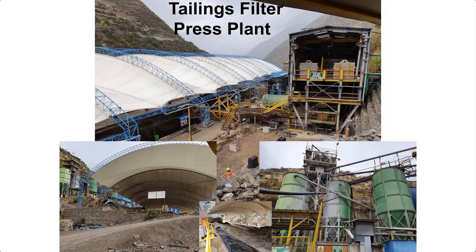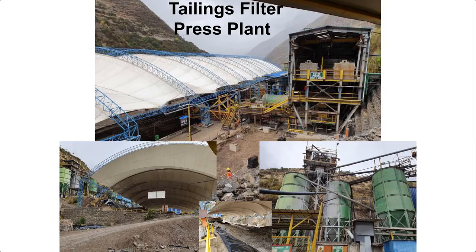The next operation here, looking at the upper photograph, you'll see on the right hand side two sets of filter presses. These two filter presses drop the material down onto a conveyor system that deposits the material inside an undercover storage area.